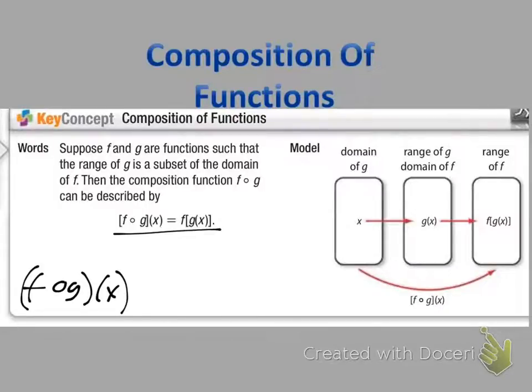F of g of x. That's what this little degree symbol is. See how it's an open circle up here? So it's not multiplication. It's a totally different operation, and what that operation means is to do what you just did. That's all it means.